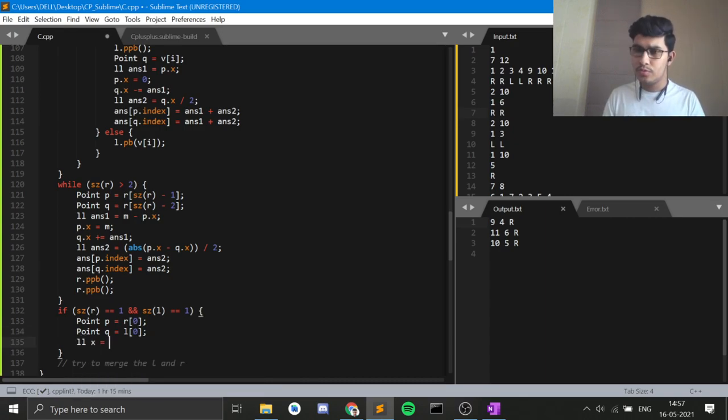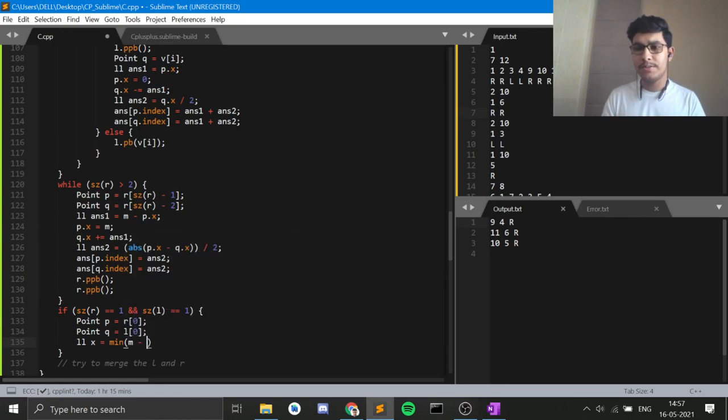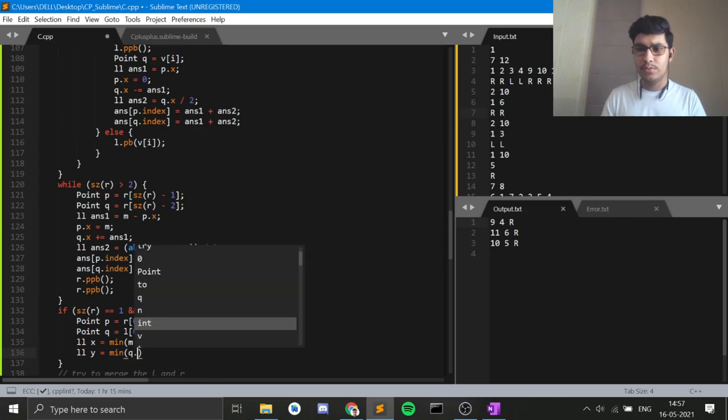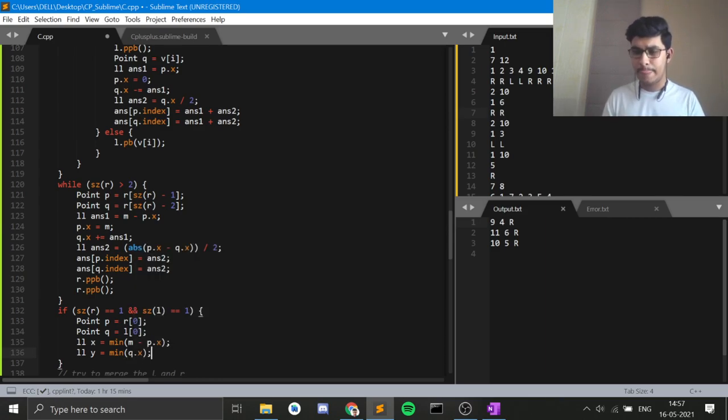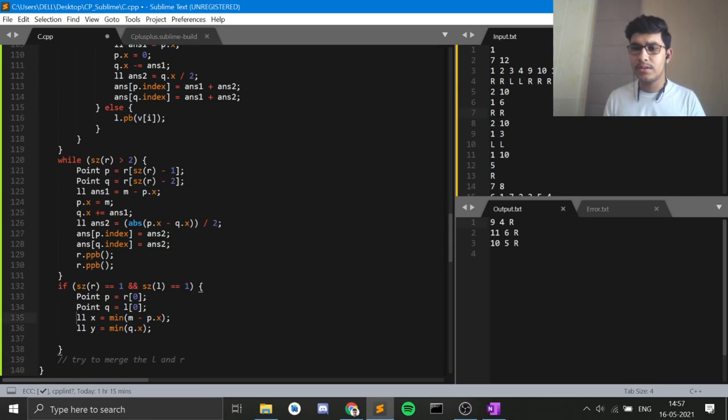LLX equals minimum of P dot M minus P dot X, and because it is moving towards the right, and LLY equals minimum of Q dot X minus Q dot X. So what do you do? Okay, it should actually be, this is fine.